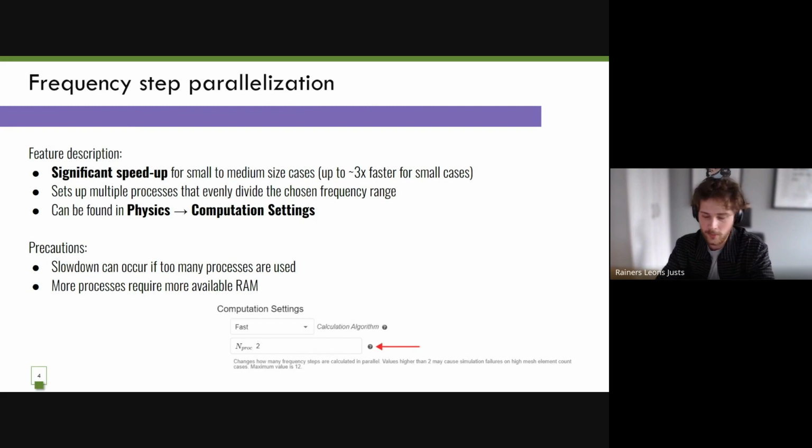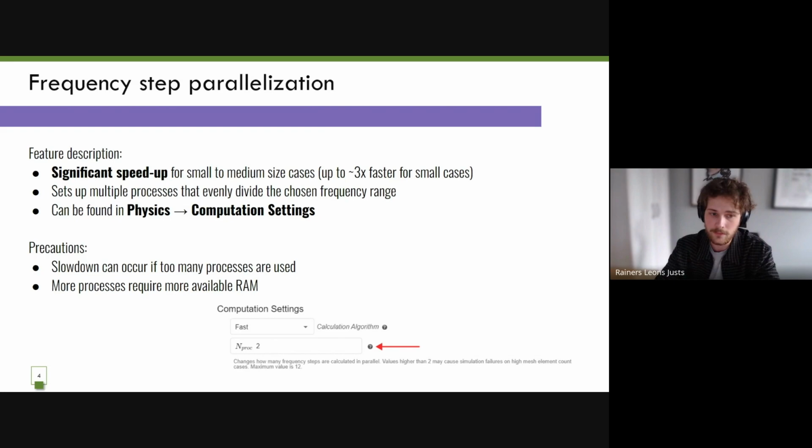And yeah, one of few things that you do have to look out for, as this is currently a manual setup, you do have to make sure that your CPU can handle the multiple processes. So if you're running a larger case that's way in the 200,000 mesh element size, you may need to decrease the count to 1.